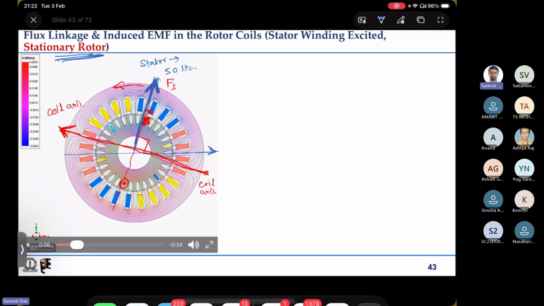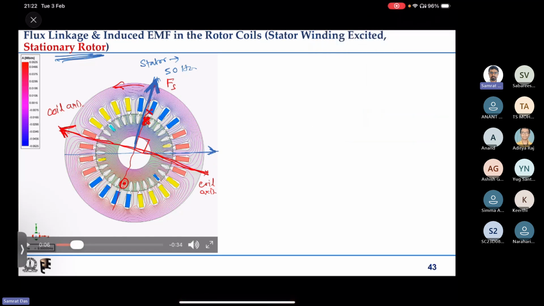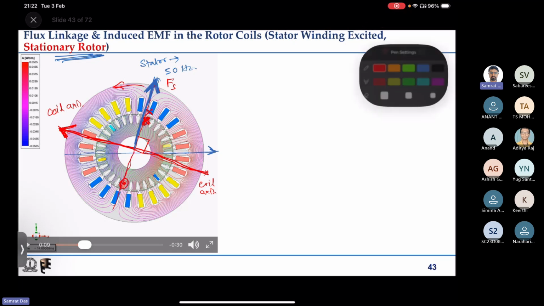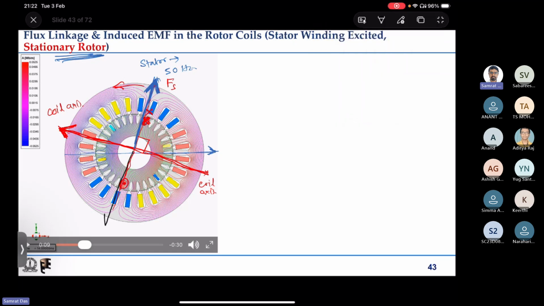Now after some time, the coil axis and the magnetic field axis are collinear. They have 0 degree angle between the two. That means magnetic flux linkage is maximum. Now if I run it further, after some time again you will have a time instant where the magnetic field axis, which has now come here, is perpendicular to the coil axis again, so flux linkage is 0, and after some time it again will align, but in the negative sense.